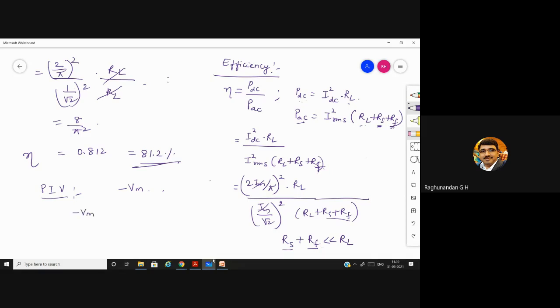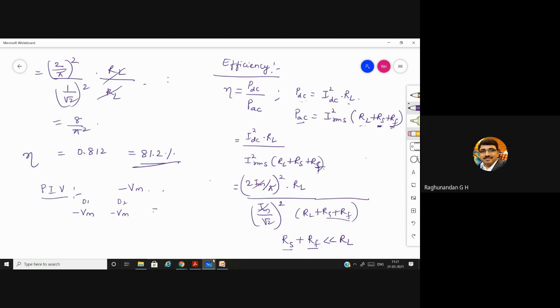So minus Vm is the peak inverse voltage offered for diode D1, and minus Vm is offered for the diode D2, because you know that during the first half cycle D2 will be off, and during the second half cycle D1 will be off. So during that time, D1 is offered minus Vm reverse voltage, and similarly D2 also will have minus Vm when it is reverse biased.